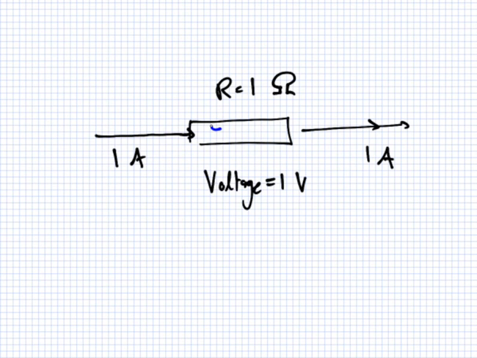The next thing is resistance. So you might know this word in English. Resistance means almost like difficulty, opposition. So resistance of a conductor is a measure of the difficulty for current to move through it.